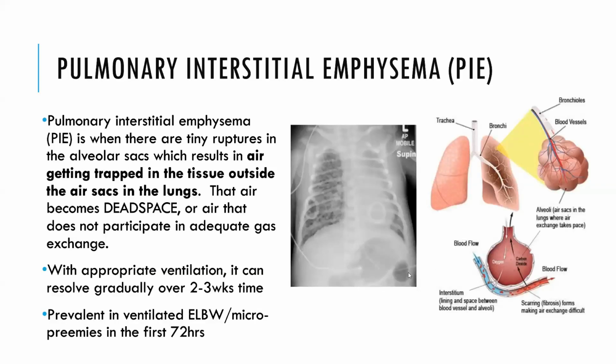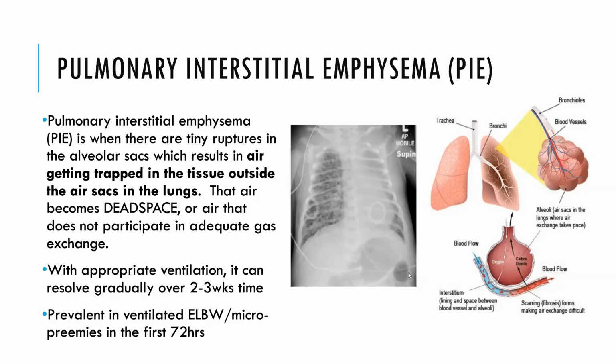Okay, what is PIE? When the surface tension of the alveoli is very high, so maybe the baby has received surfactant or maybe they have not, there end up being tiny ruptures in the alveolar sacs. This results in air getting trapped in the tissue outside of the air sacs, but in the lungs.